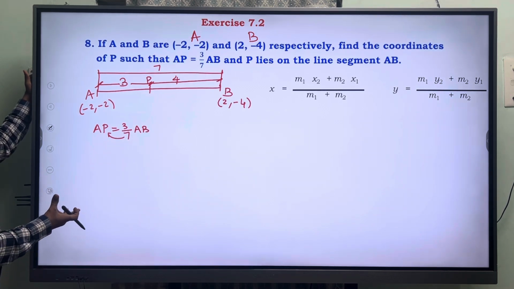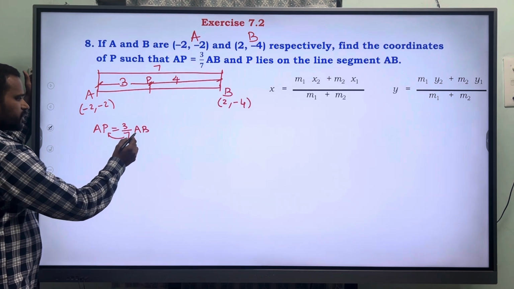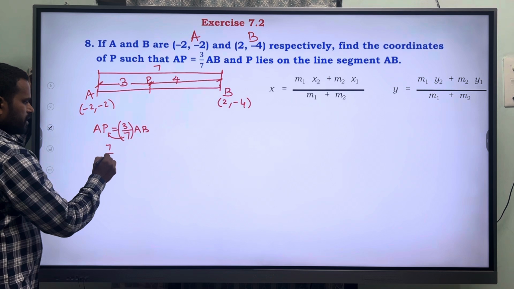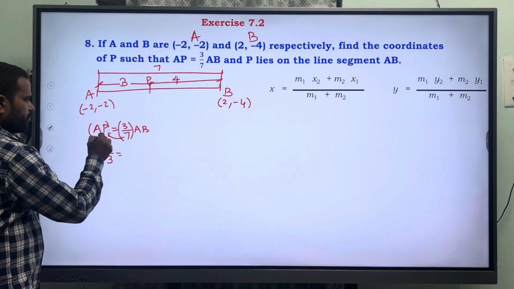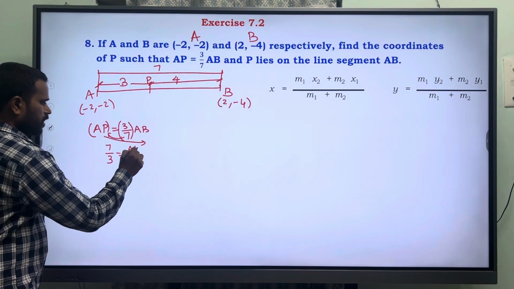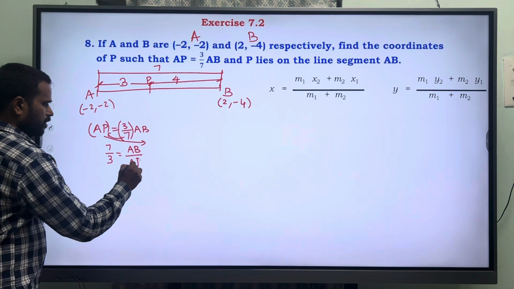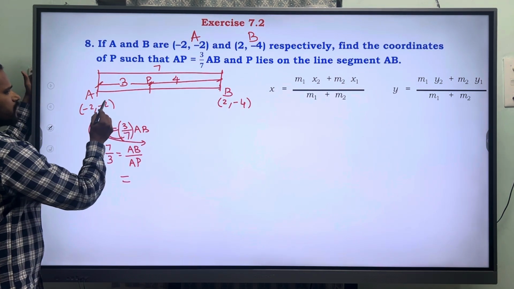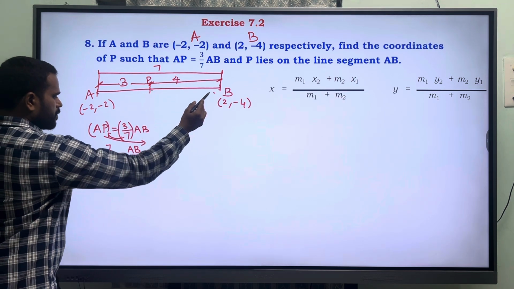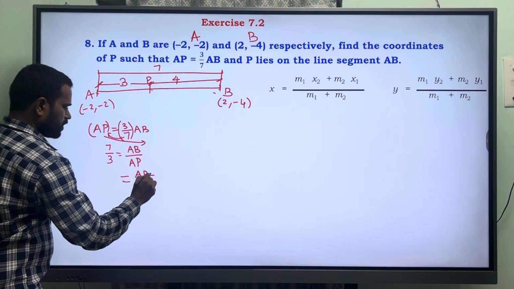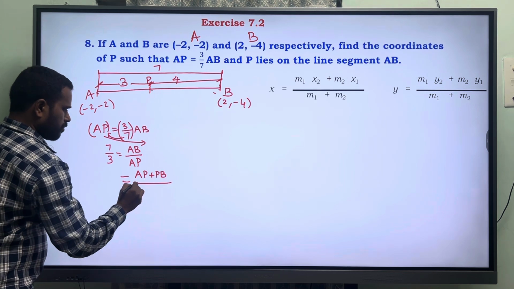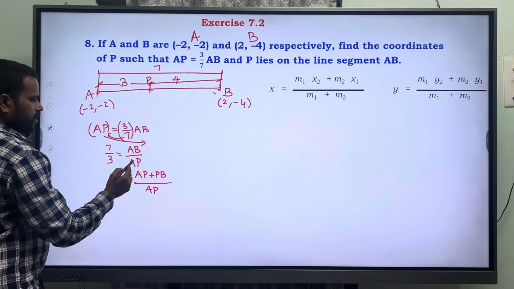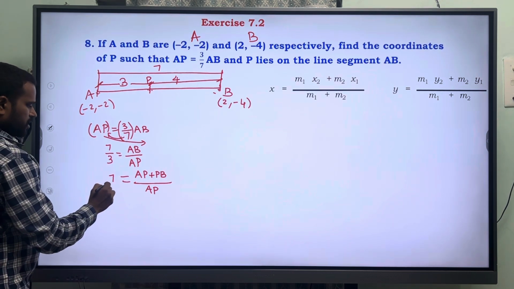Or how we can do it is, see here, this ratio sent to the other side becomes 7 by 3, and this AP sent to the other side becomes AB by AP. So AB can be written as AP plus PB, right? AP plus PB by AP is 7 by 3.